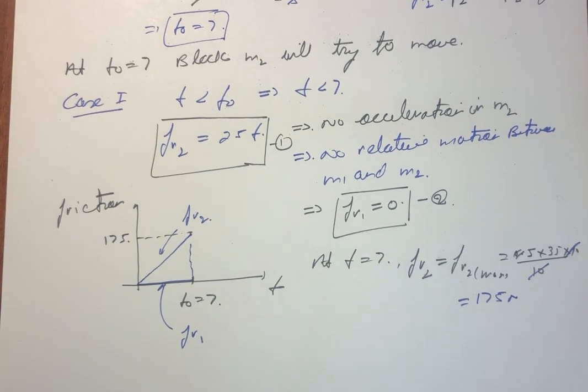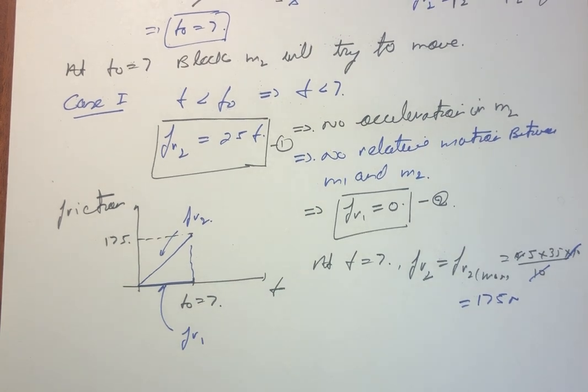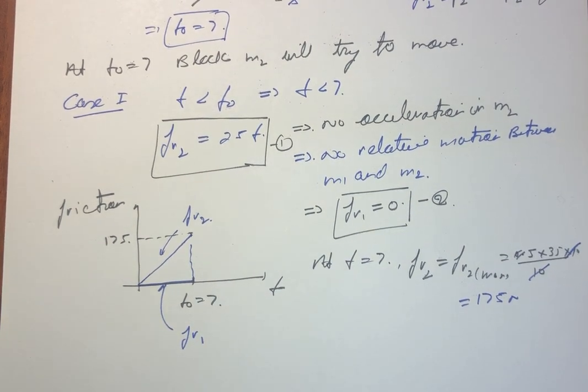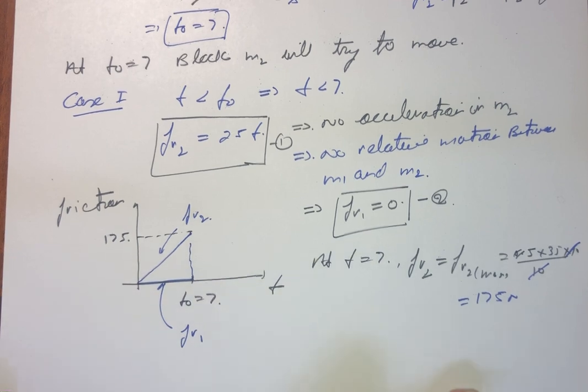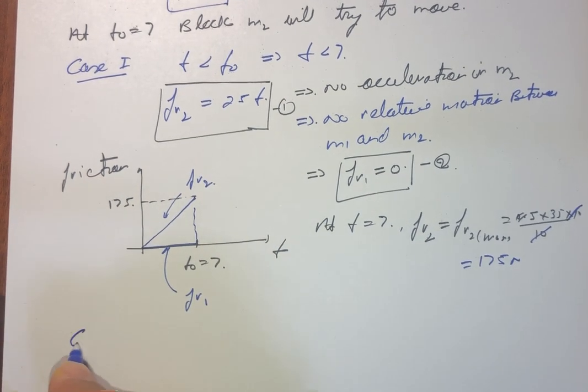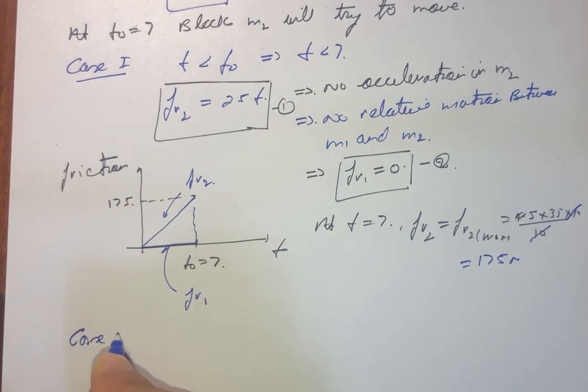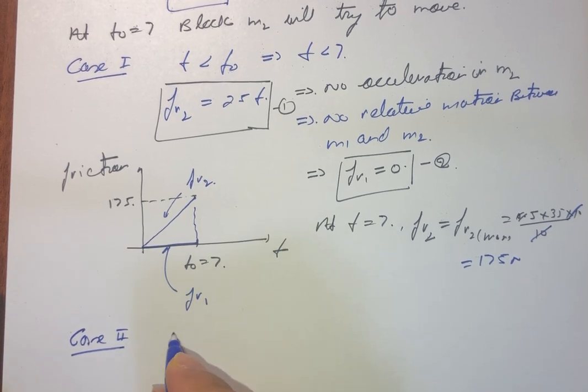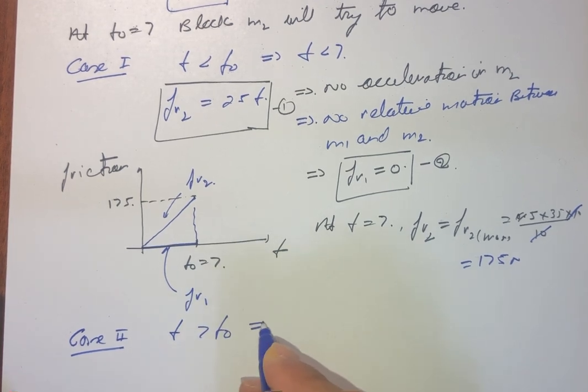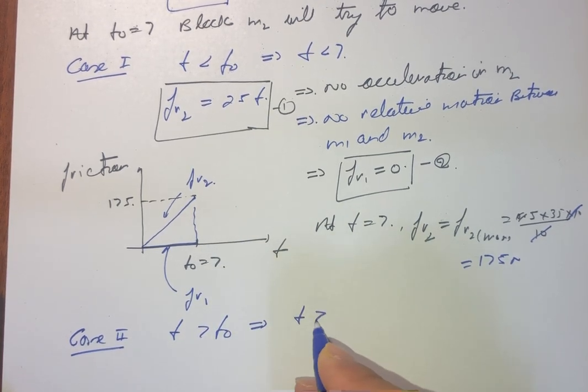Now we can consider case 2, for T greater than T naught, which basically means T is greater than 7.